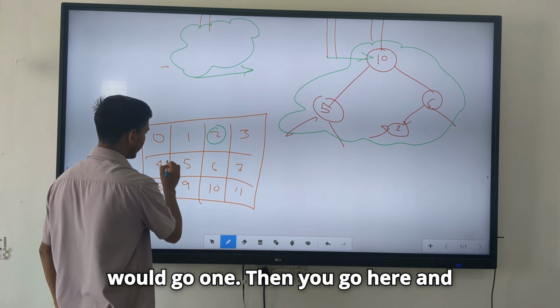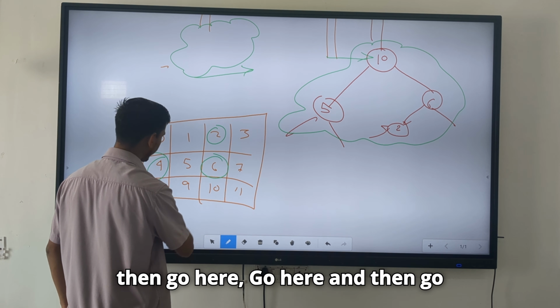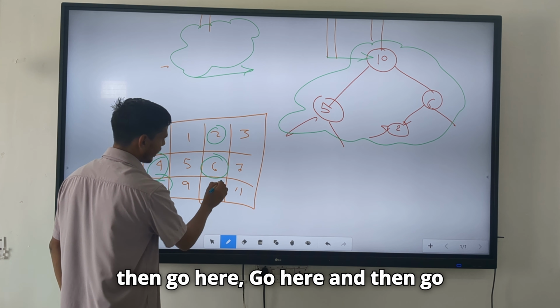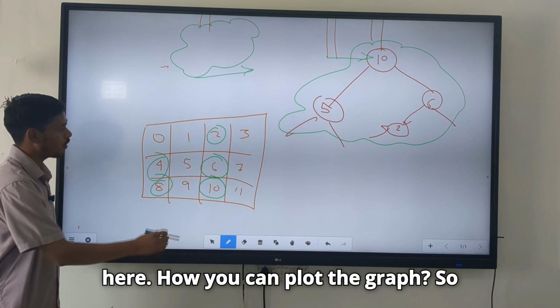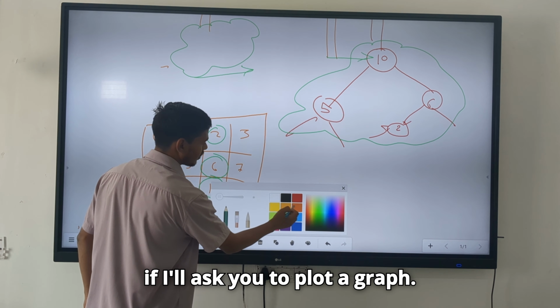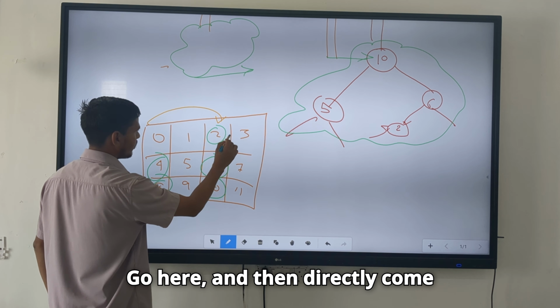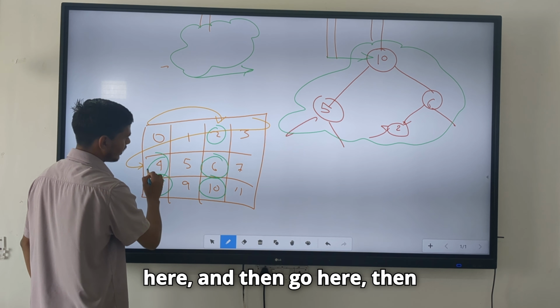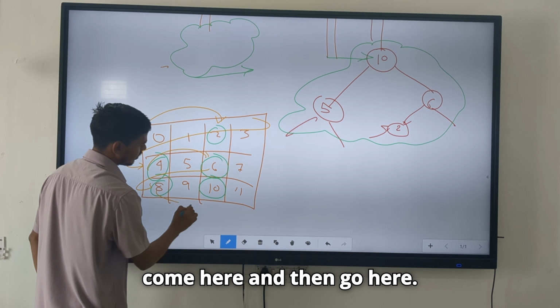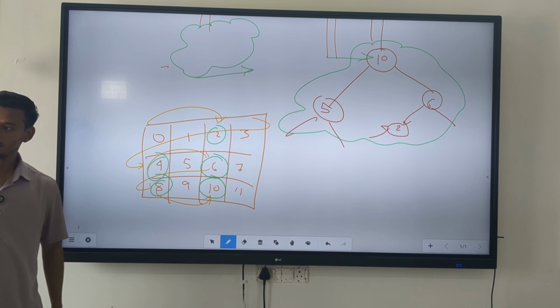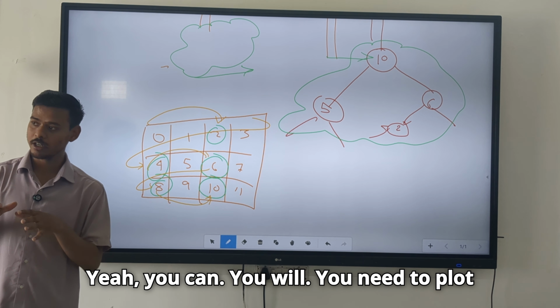Here you would go 1, then go here, and then here, and then here. How can you plot the graph? If I ask you to plot a graph, go here and then directly come here, and then go here, then come here and go here. Yeah, you need to plot a graph.